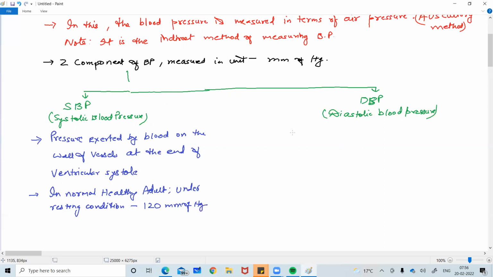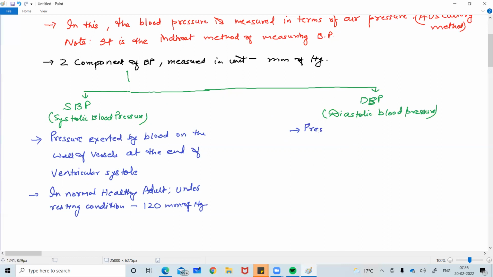What is DBP? DBP is again the same thing. It is a pressure exerted by blood on the wall of the blood vessels when the ventricles are relaxing. So one ventricle is contracting and one ventricle is relaxing.